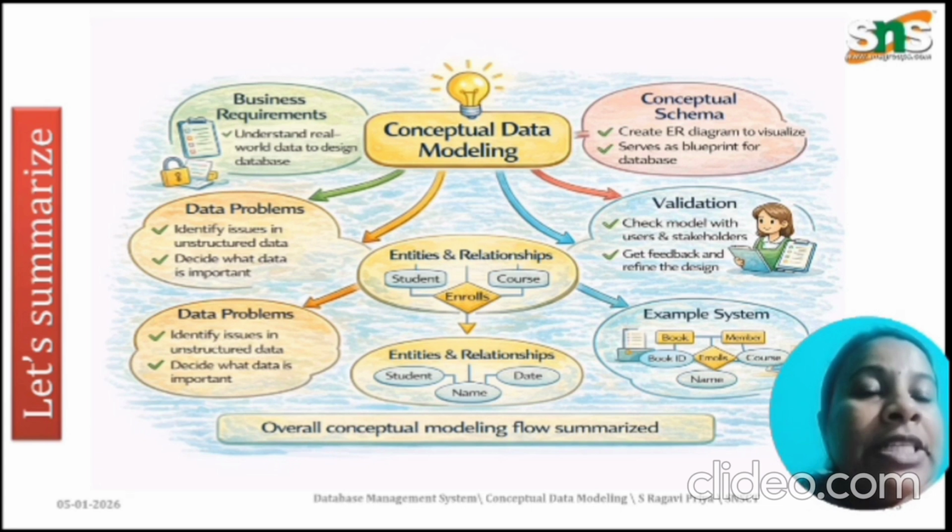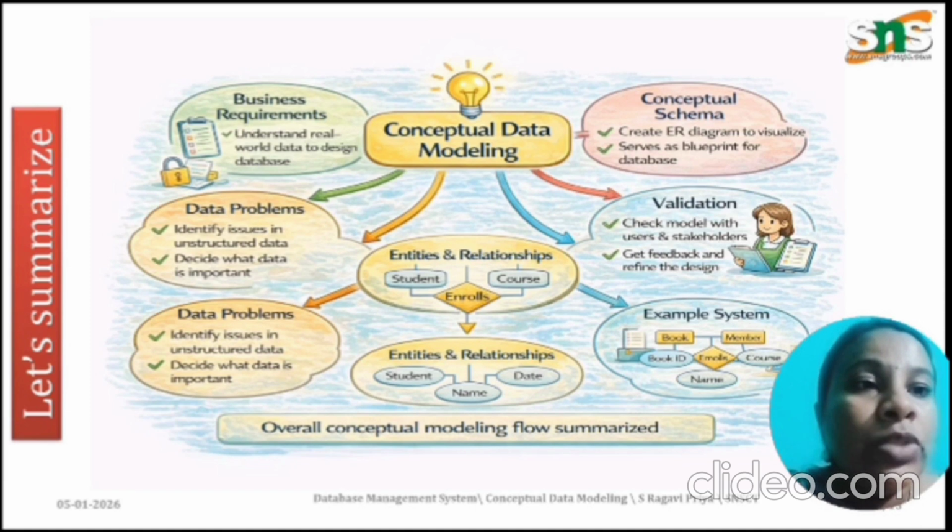For example, consider this student and course entity. The student enrolls in a course. So next one is conceptual schema. So create an ER diagram to visualize. So it serves as a blueprint for the database. So next one is validation. So check the model with users and stakeholders.